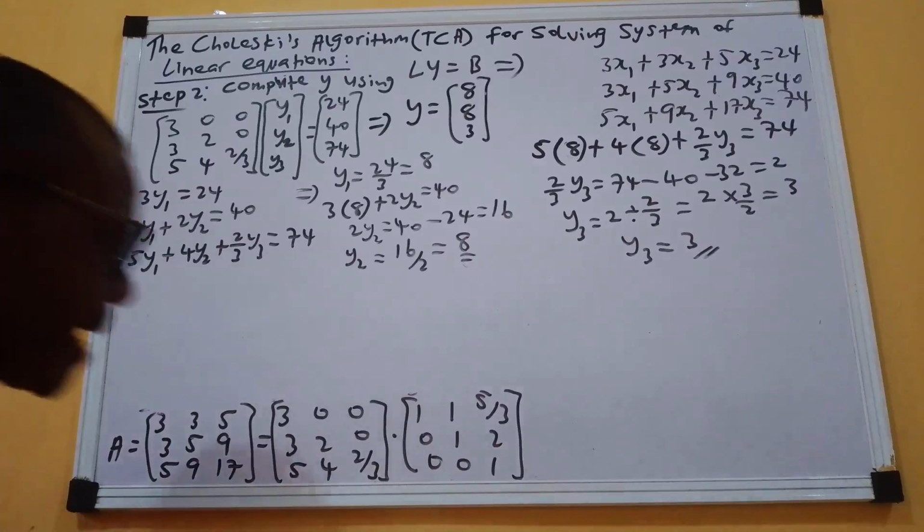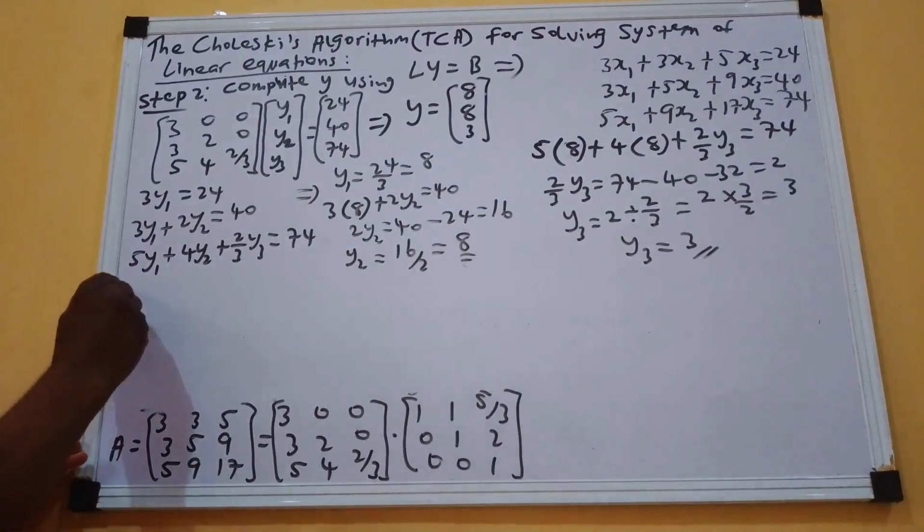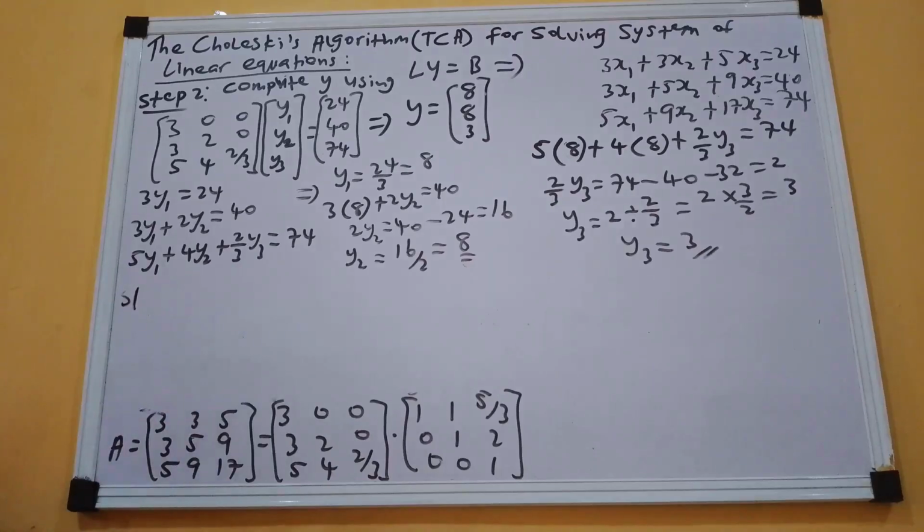That is what our Y will be. So permit me to go into step 3. The step 3 says we should compute X. Now it will be time to compute X.